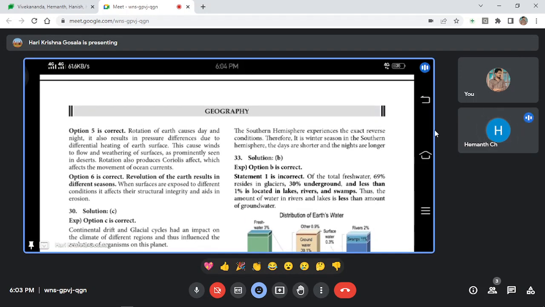Next, continental drift and glacial cycle had an impact on the climate of different regions and thus influenced the evolution of organisms on this planet.